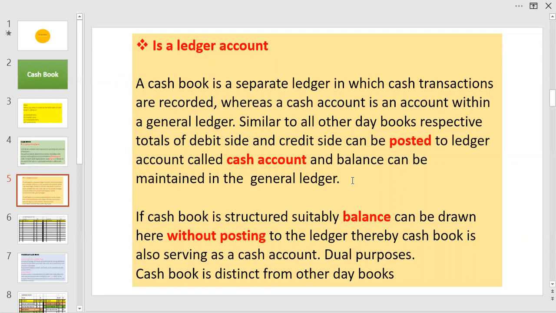But if the cash book is structured suitably, the balance can be drawn here without posting to the ledger. Thereby, cash book is also serving as a cash account, a dual purpose. This feature distinguishes cash book from any other day books.